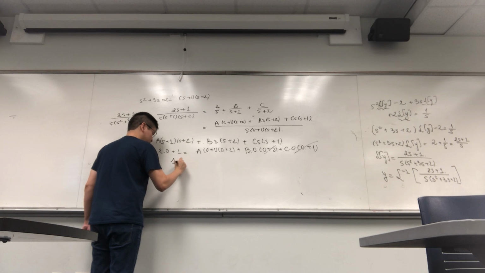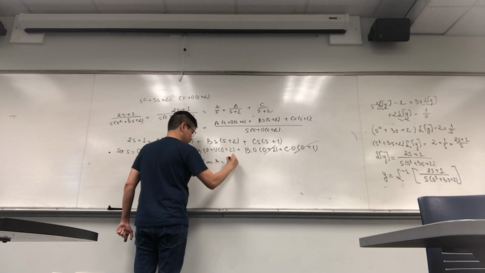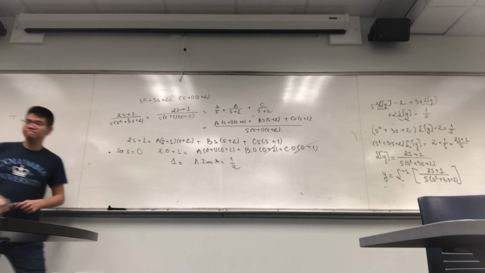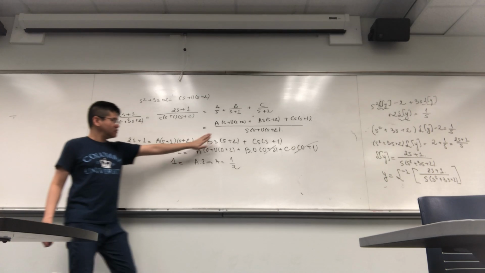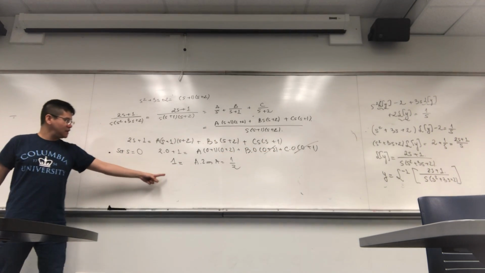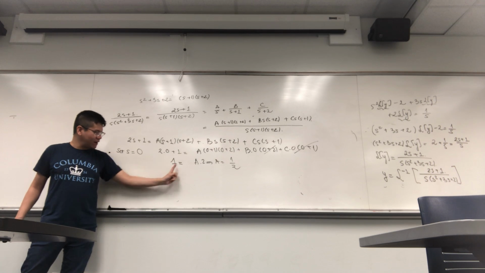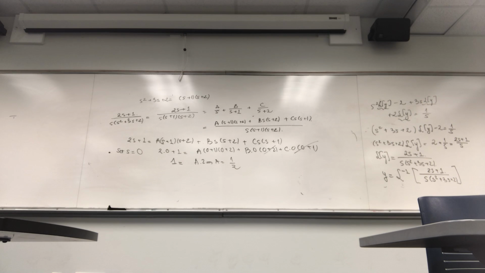This gives me 1 is equal to A times 2, which means that A is 1/2. The first step is to put s to be 0. When s is 0, this guy and this guy go away. So I get 1 is A times 2, which means that A is 1/2. And the next step?